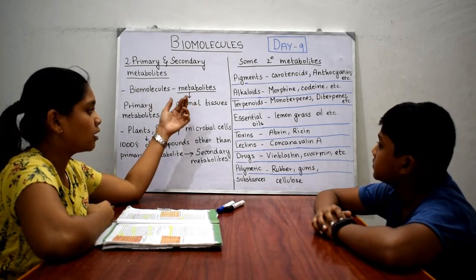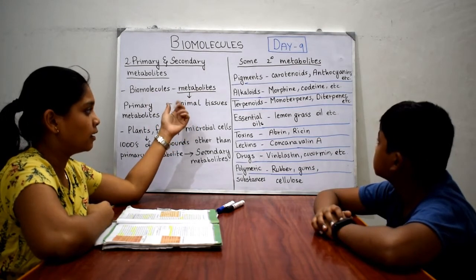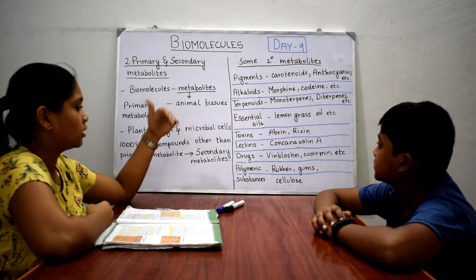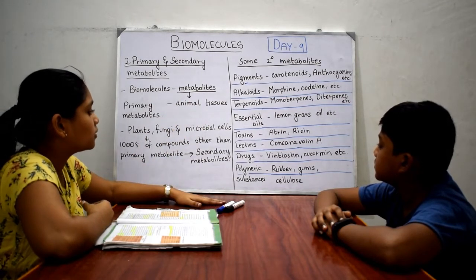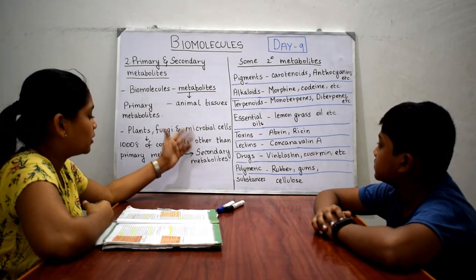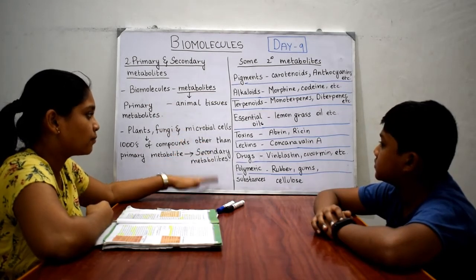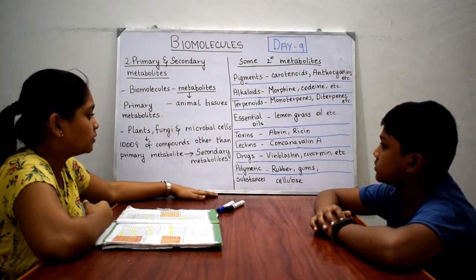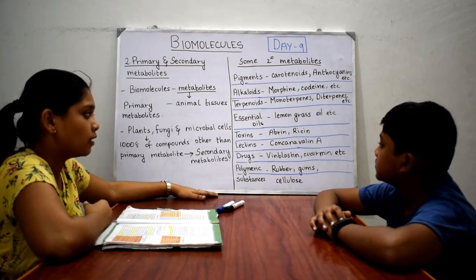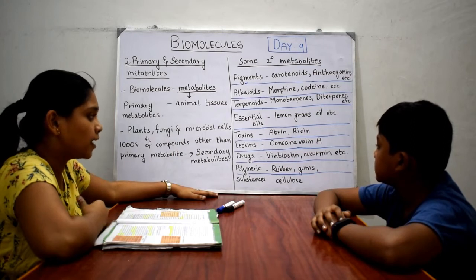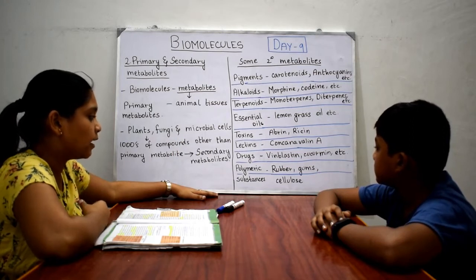Essential oils are lemongrass oil, sandalwood oil, and all the essential oils produced by plants and other organisms. Toxins are abrin and ricin, for lectins the example is concanavalin A, and for drugs the examples are vinblastine, curcumin and so on.